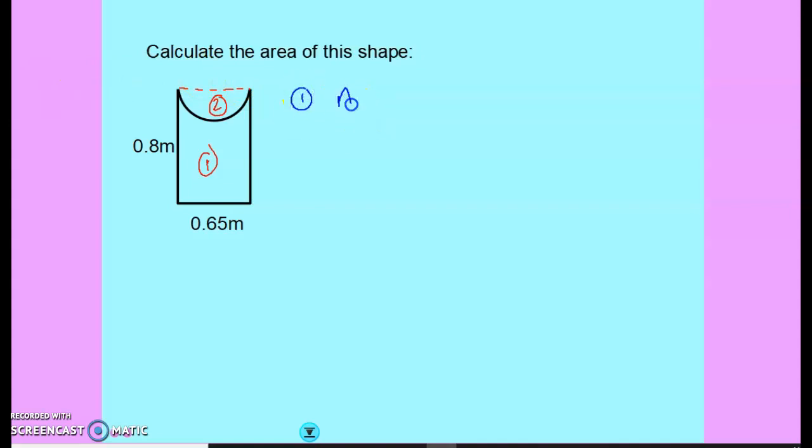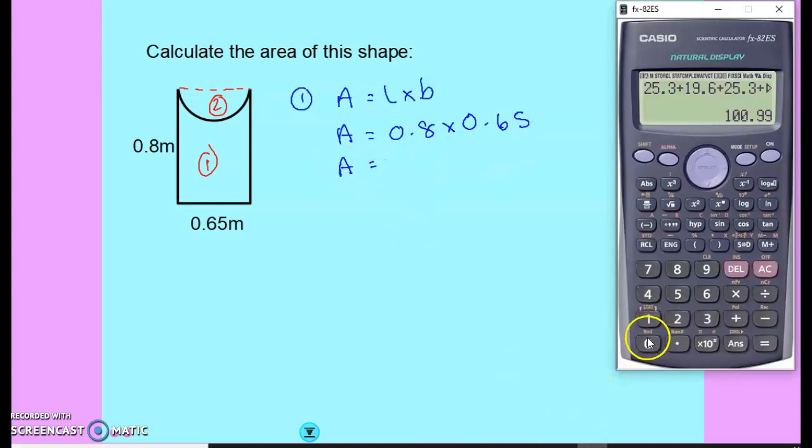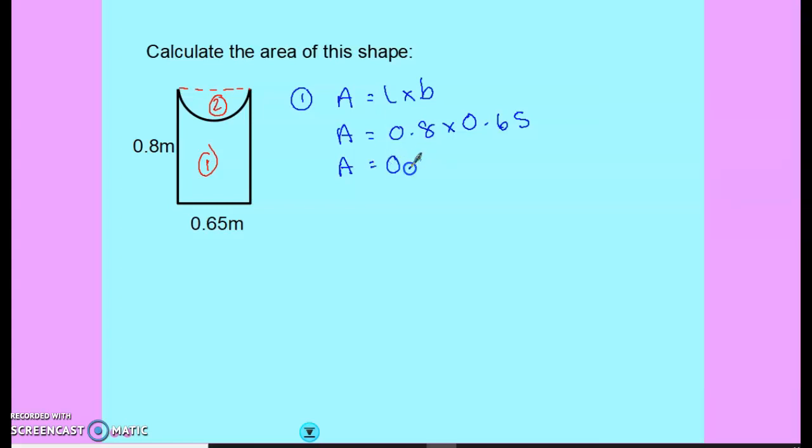So looking at the first part, area of a rectangle is length times breadth. So we're doing 0.8 times 0.65. That comes out as 0.52.